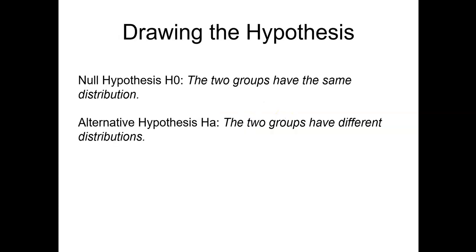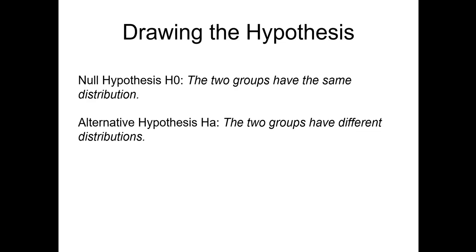Now, how would we draw the hypothesis for this? Although there are three scenarios, let us take one scenario, case 1. The null hypothesis we will form is that the two groups have the same distribution, and the alternate hypothesis will be the two groups have different distributions.